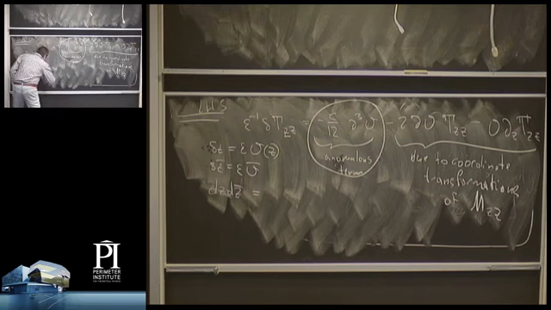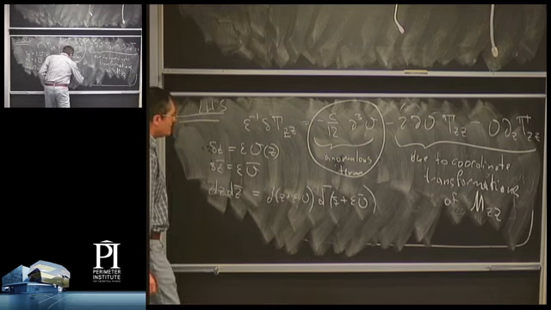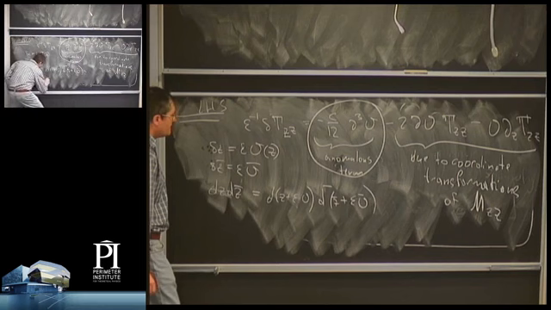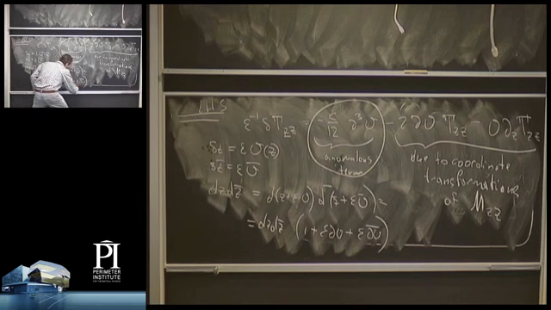You can see that I have d of z plus epsilon b, and then d of z bar plus epsilon b bar.